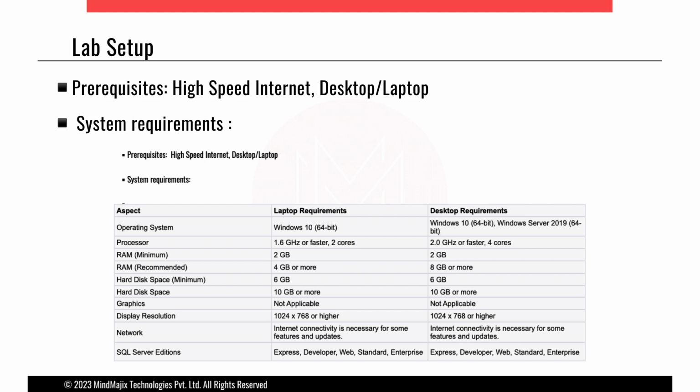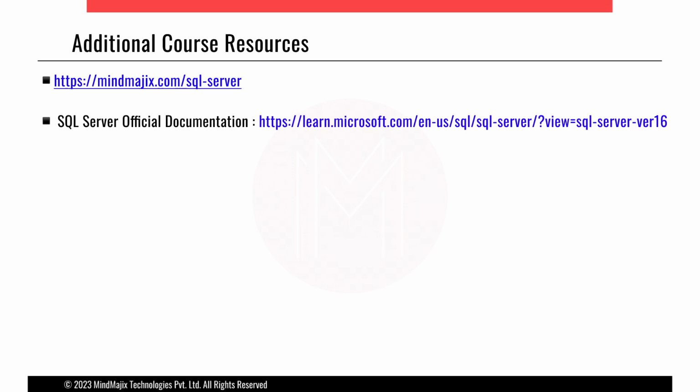Processor 1.6 gigahertz, RAM, hard disk space, graphics, display resolution, network, and SQL Server editions. This is the course related information you will have here. And officially from Microsoft, if you want to know more details, you can get them in this link.